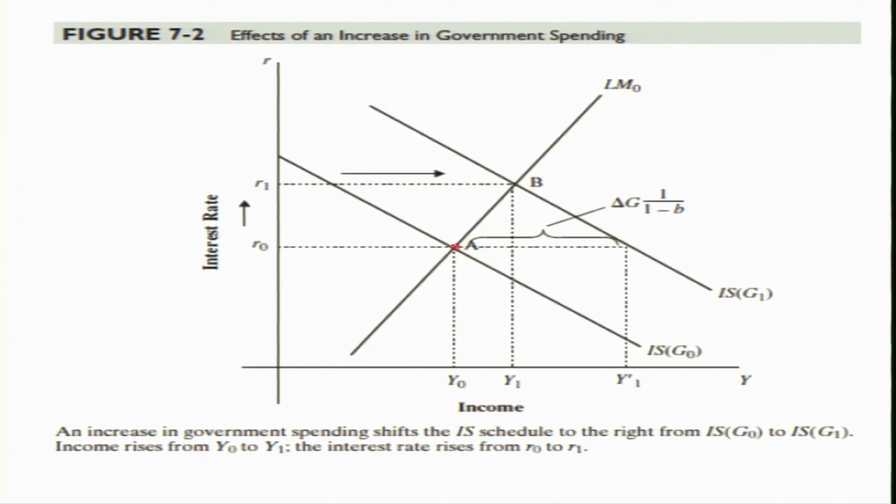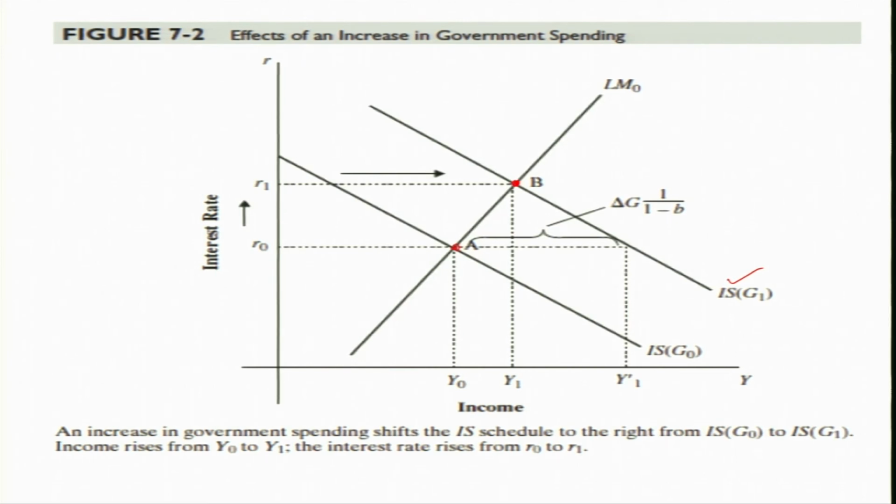The initial equilibrium position is A. When there is an increase in government expenditure, the IS curve shifts rightwards, and the new equilibrium position is here, where the new IS curve intersects our initial LM curve at this point, B.